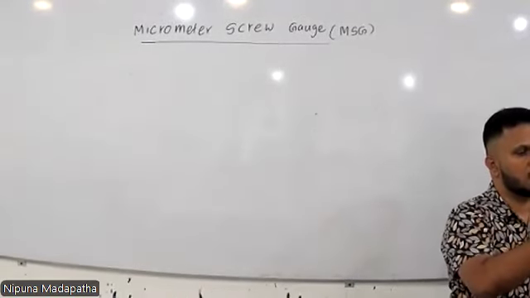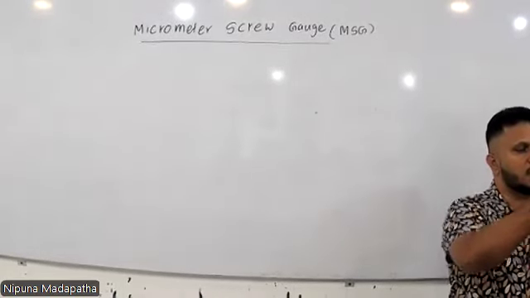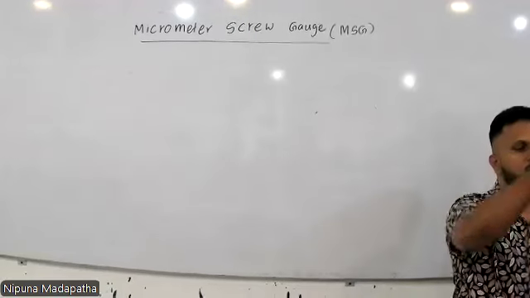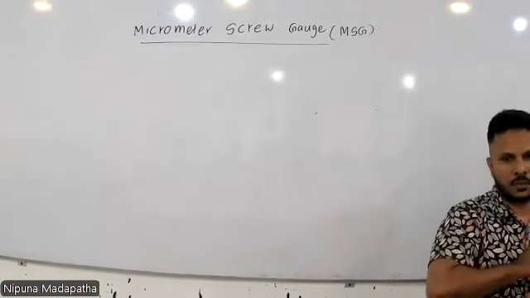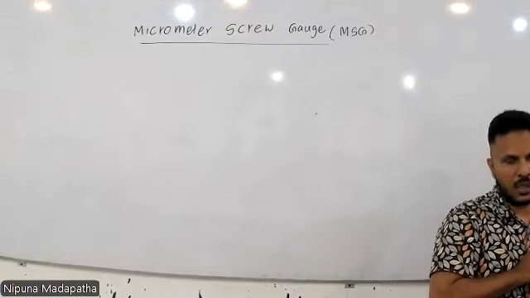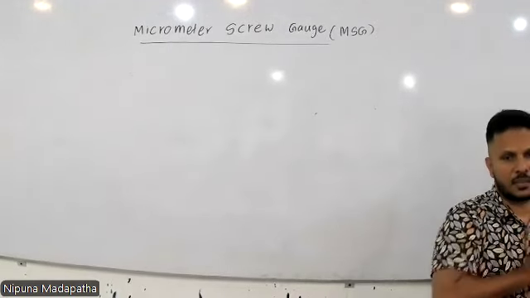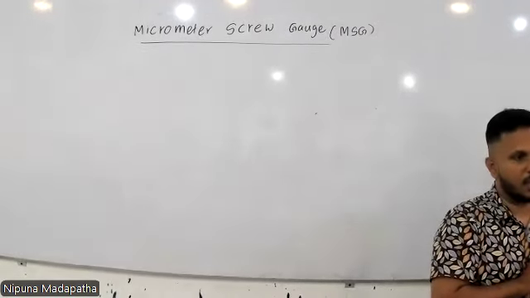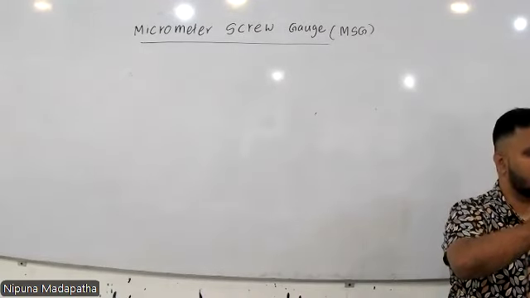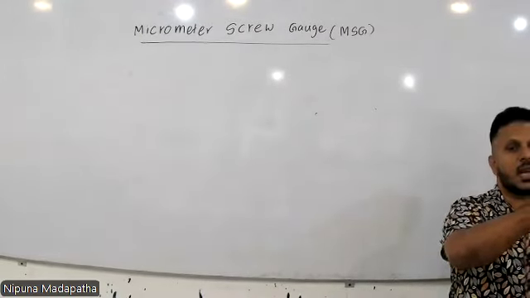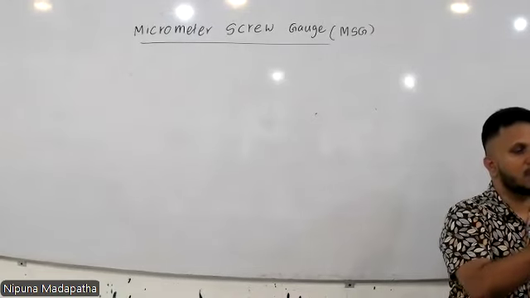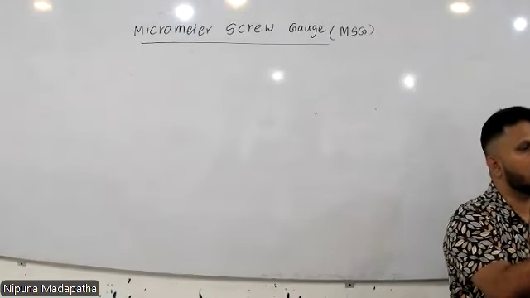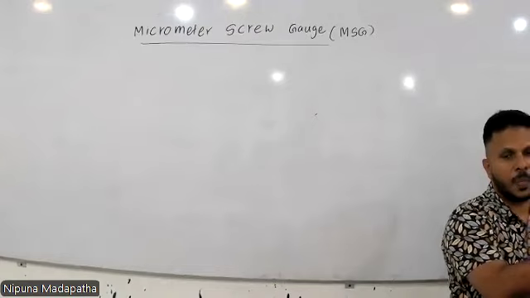The small fixed cylindrical part is called the anvil. This is the moving part, which is known as the spindle.